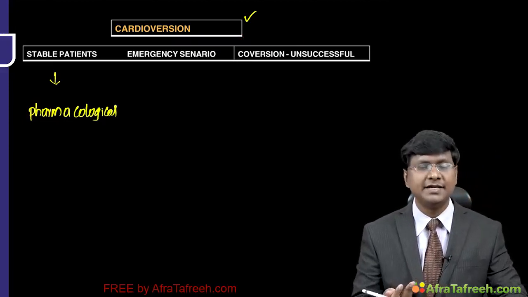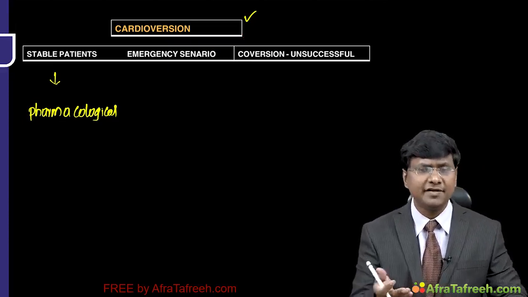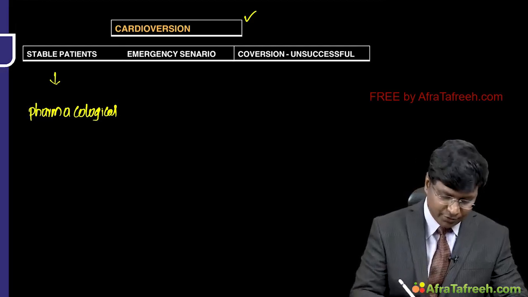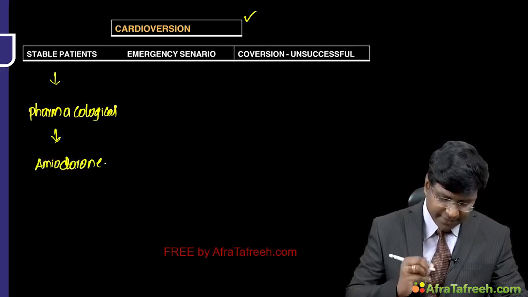Cardioversion is basically done to stabilize the rhythm. In atrial fibrillation, you have irregular rhythm. So to revert back to normal sinus rhythm, you need to do pharmacological cardioversion, and that can be done with the help of amiodarone, right?